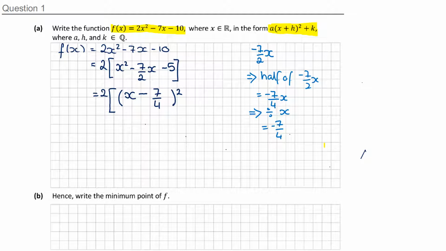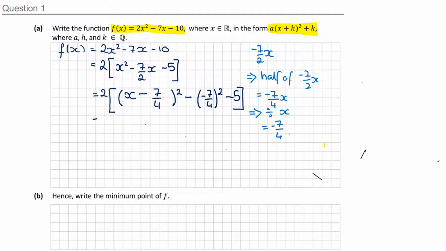Now, because we have created a square bracket that wasn't there before, we then have to take away minus 7 over 4 squared, and we still have the minus 5 from earlier.